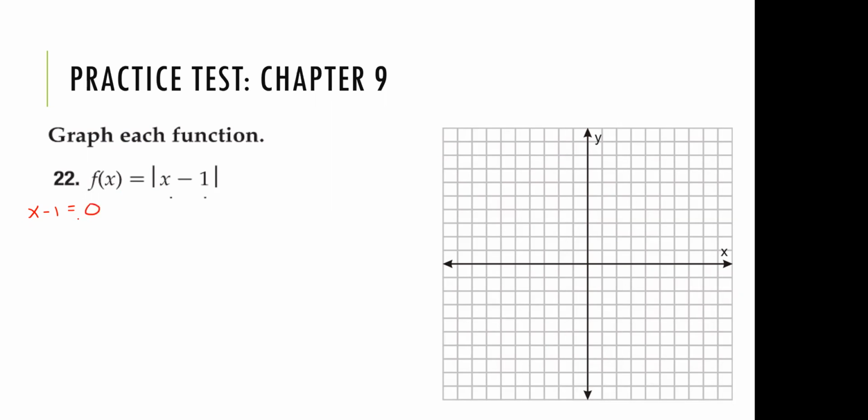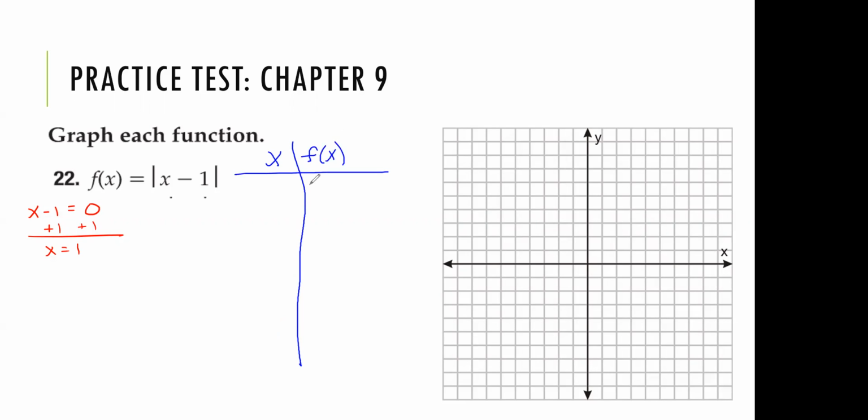So if x minus 1, we set that equal to 0, I would add 1 here, x equals 1. So I know that my vertex, or the lowest value, is going to be where x is equal to 1, okay? So I'm going to create a table. Oh, I should put f of x.